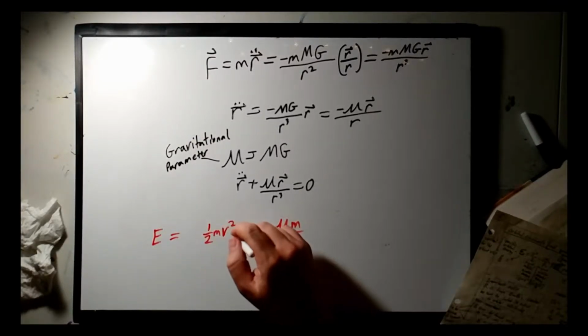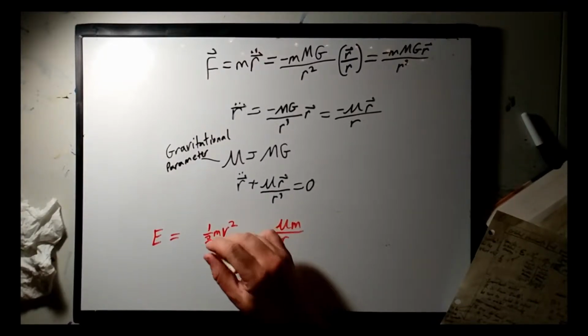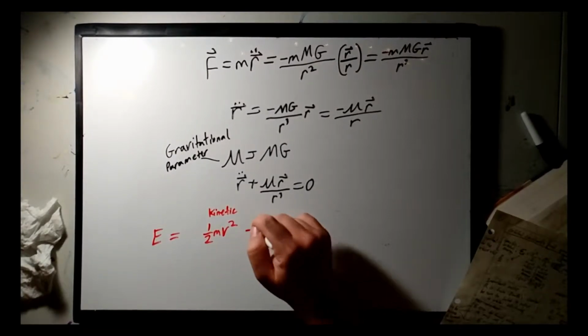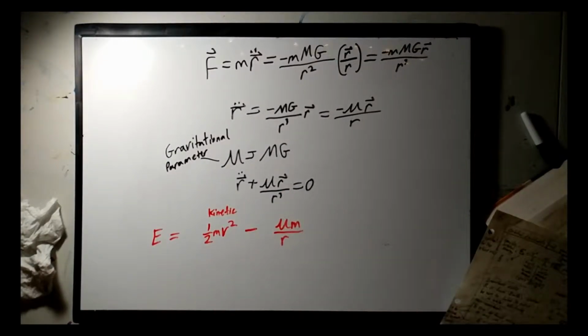So E is equal to our kinetic energy plus our potential energy. And being that our potential energy is going to be facing down towards the Earth, it's going to have the minus sign. The constant of motion that we want to work with here does not depend on the spacecraft's mass.